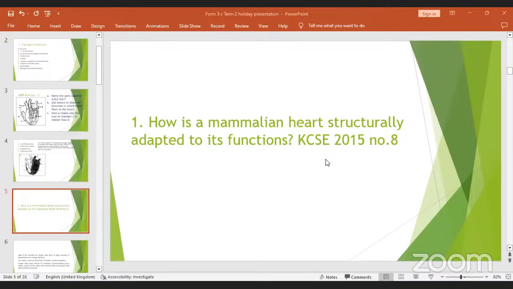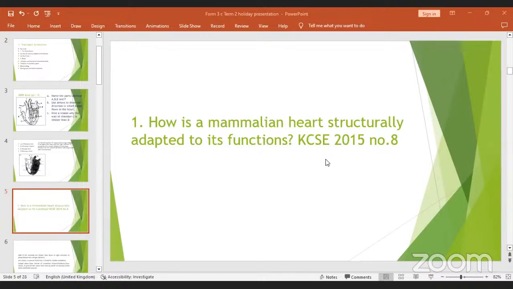Then other parts now, there are some parts that don't have modifications. For example, the heart having the coronary artery. Because the coronary artery is highly branched, you can say that it supplies the heart muscle with nutrients.